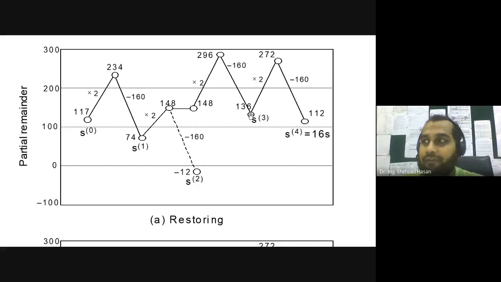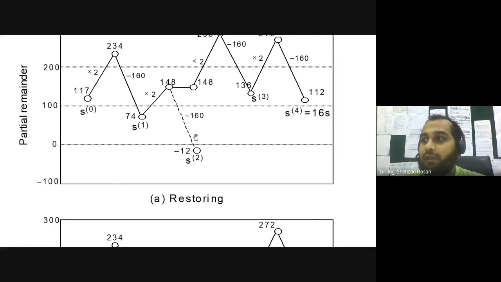Again, shifted left in the next step to 272, and subtracting gives 112, which is positive. So this 112 is actually the shifted remainder. If you divide it by 16, you get 7, because this is a shifted remainder. So we should have obtained 7 over here.